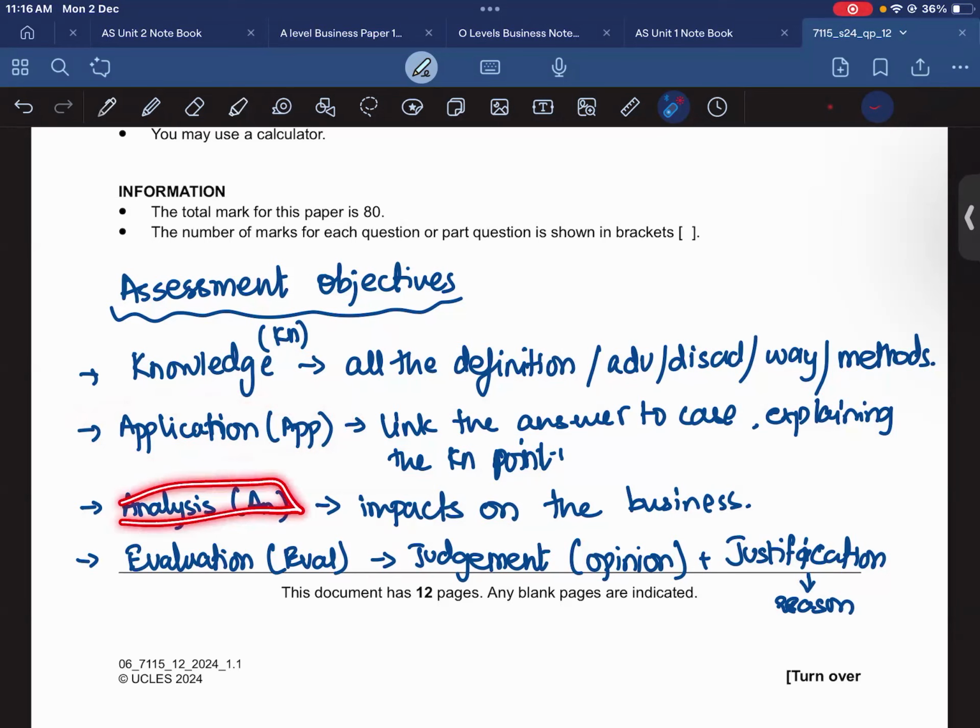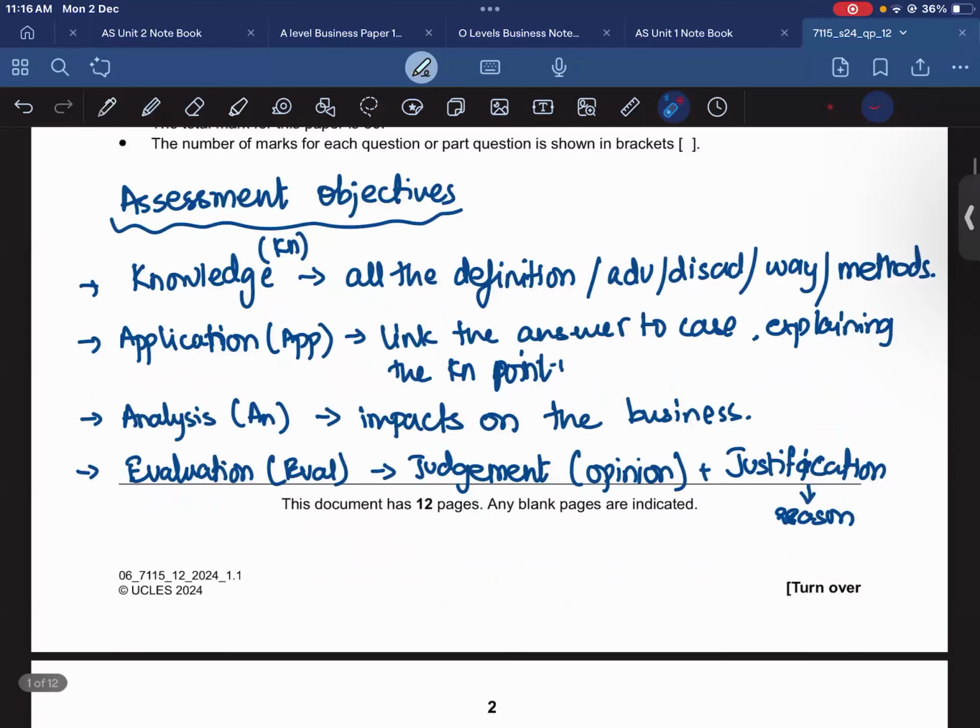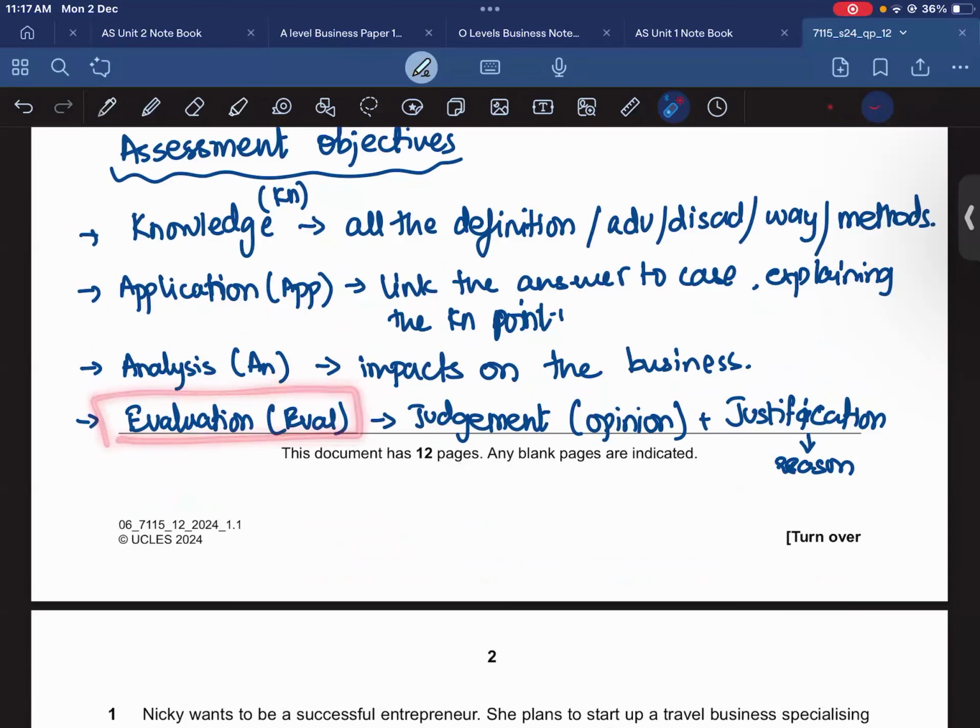Then we have the analysis, and analysis is basically giving impacts on the particular business, on the case that you have been studying, and on the case that is related to the question. After giving an example out of it, then you have to give the impact on it. Then we have the final thing, that is the evaluation part.